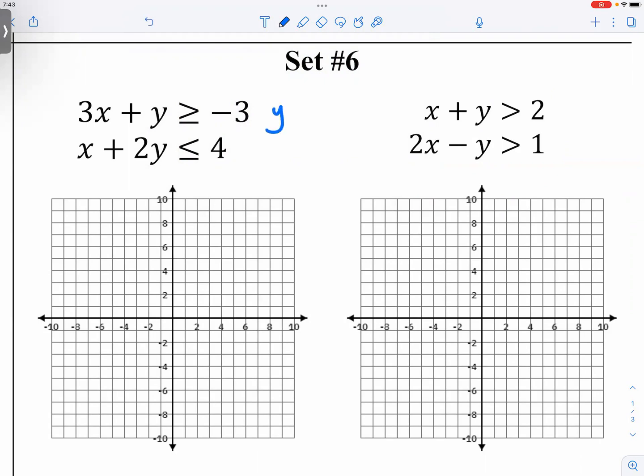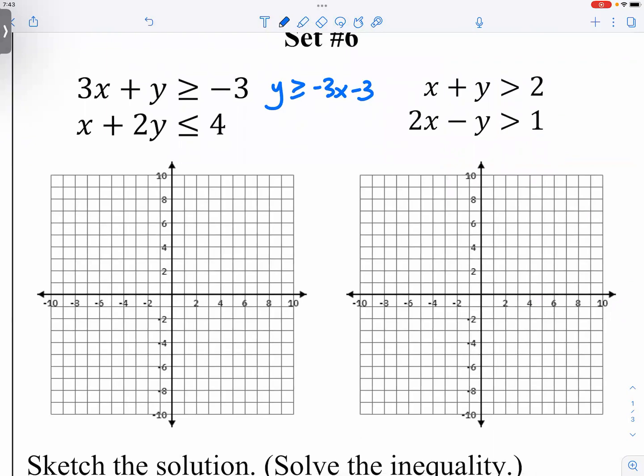So we say y is greater than or equal to minus 3x minus 3. So y is greater than, so we're going to shade the region above, and then we're going to draw the line of minus 3x minus 3. So the slope is negative 3. And again, by finishing this unit, you are supposed to become a pro in linear equations.